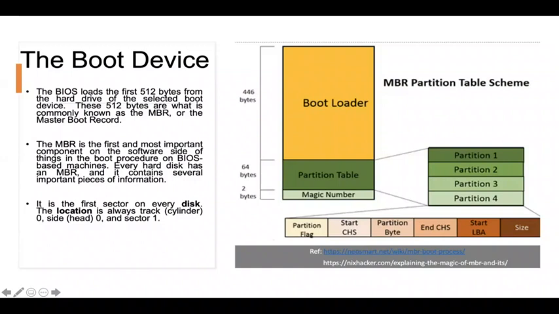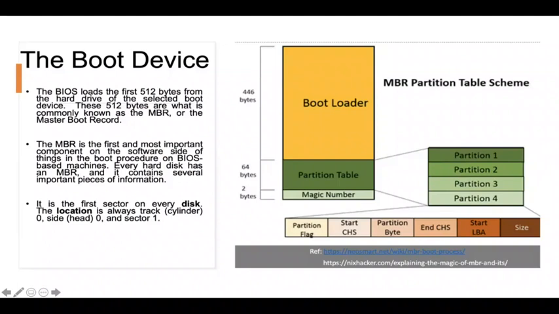MBR is the first and most important component of software side of things in the boot procedure of BIOS-based machines. Every hard disk has an MBR, and it contains several important pieces of information. MBR is always located at the first sector on every disk. The location is always track cylinder 0, side head 0, and sector 1.